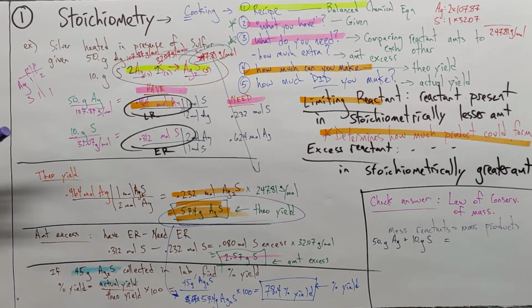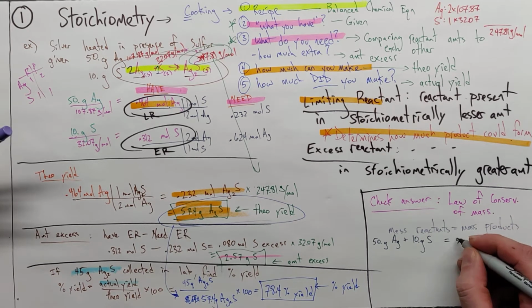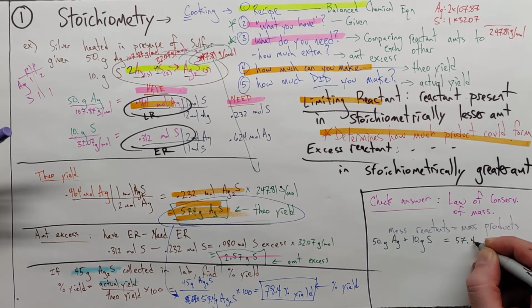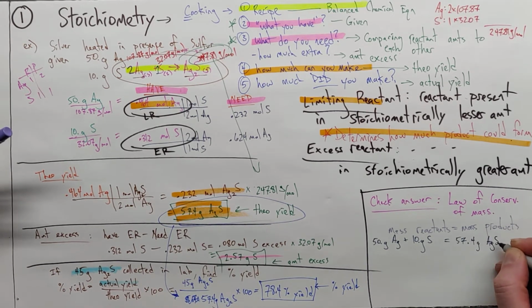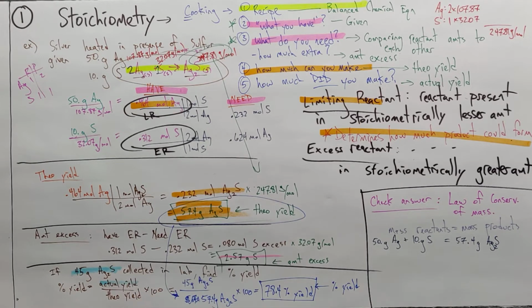So we had 60 grams total. In the end, we only had 57.4 grams, and that's not 60, but the catch is we have some stuff left over. So your mass of reactants is your mass of products plus the excess.